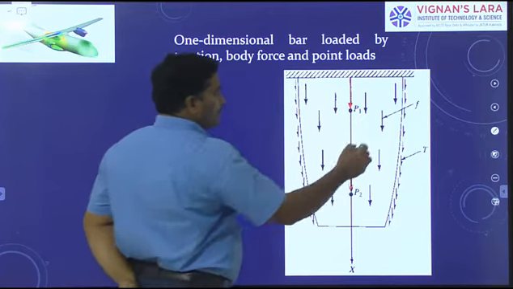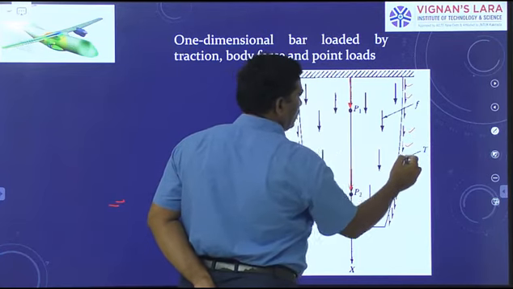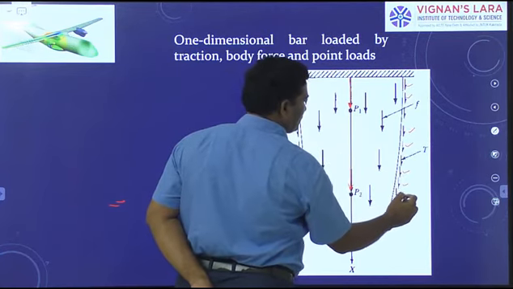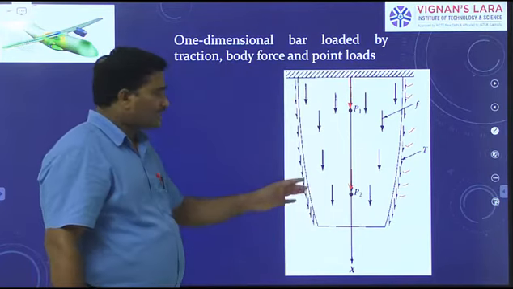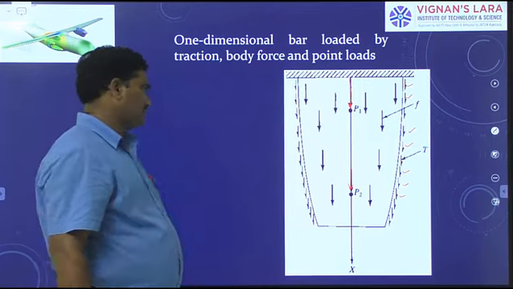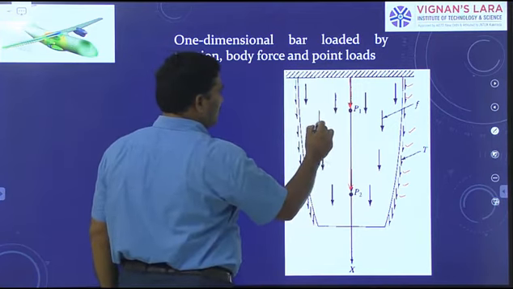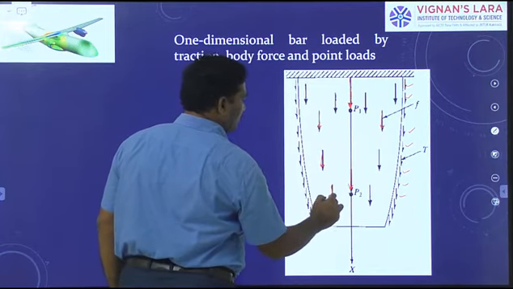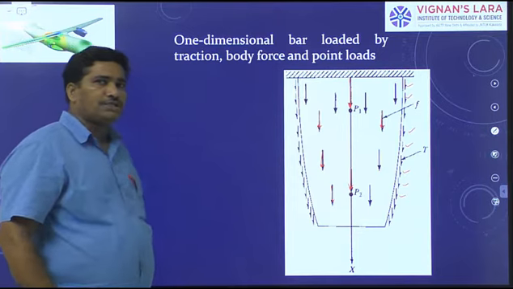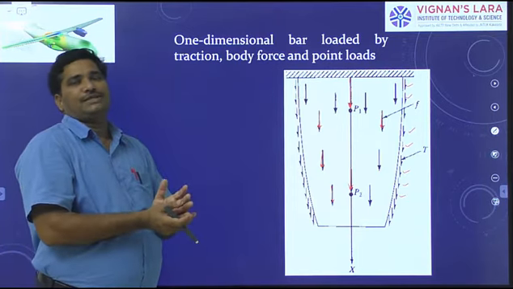Now, if you see, here we observe the traction on the surface of the object. T is the traction. Traction is the surface force. And now, these arrows represent the force distributed on the entire volume of the object.